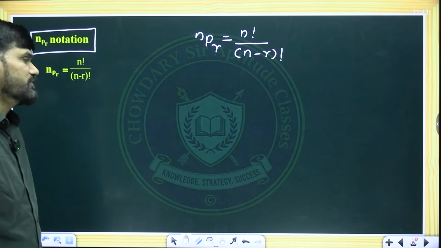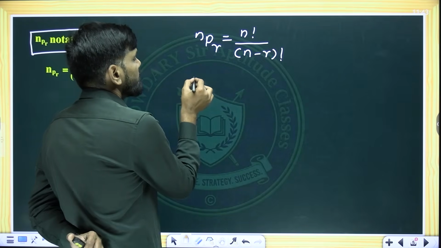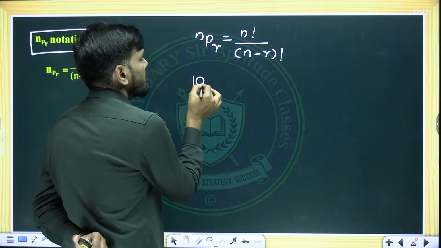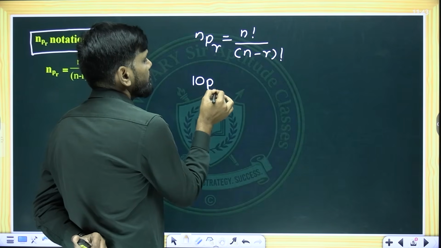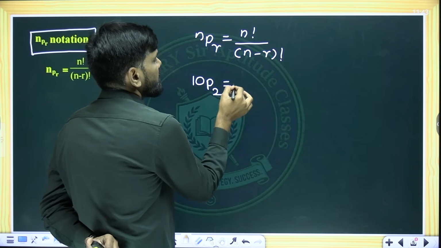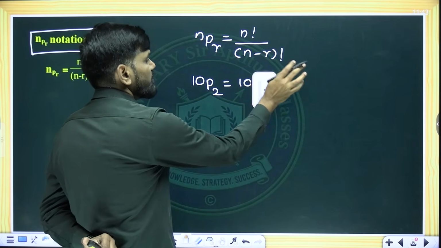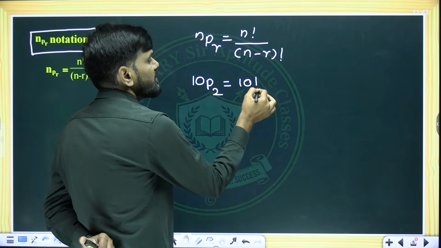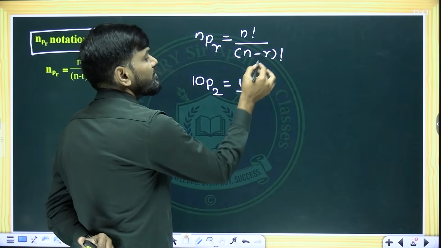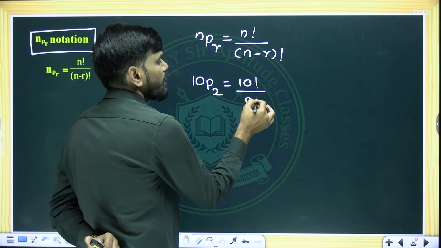Now, if I go for 10P2, it is nothing but start with 10 and write 10 factorial. Let me write in detail first: 10 factorial by 10 minus 2, which is 8.